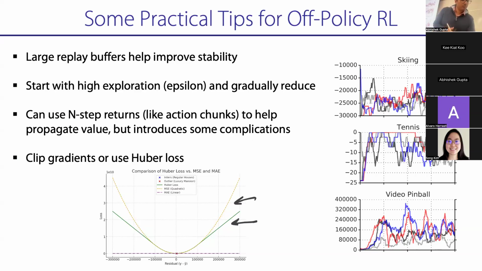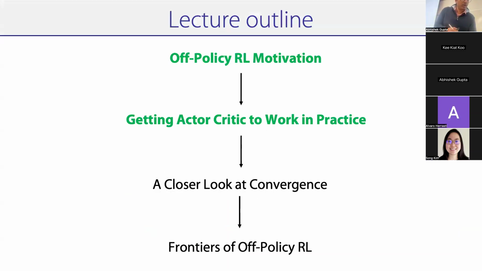Cool. So that's off-policy RL, right? So let's recap what we did. We started by saying we'll go from batch to online, and we'll introduce the idea of replay buffers. Then we said, okay, replay buffers are great, but we need a target network.